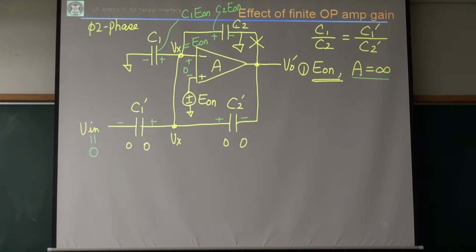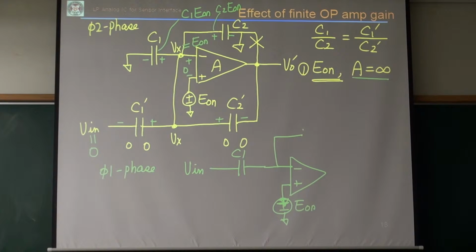Okay. So during next phi1 phase, this path is isolated, so it's connected to Vin. Oh, sorry, there should be Eon there. Vo prime.